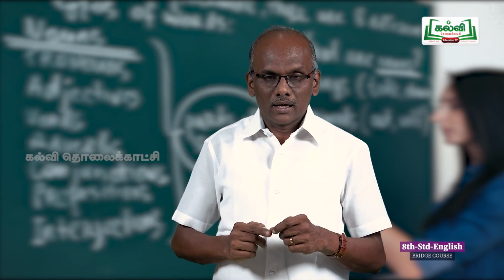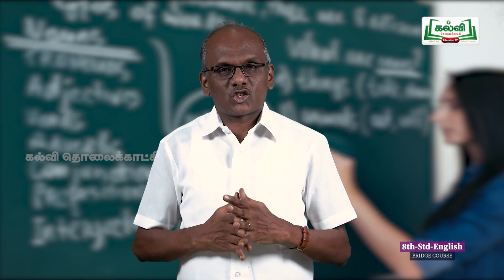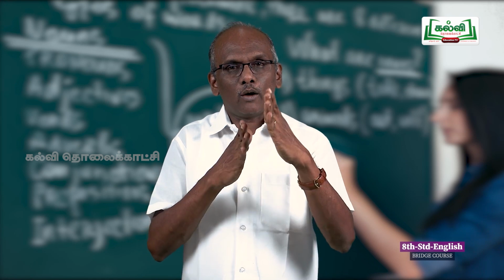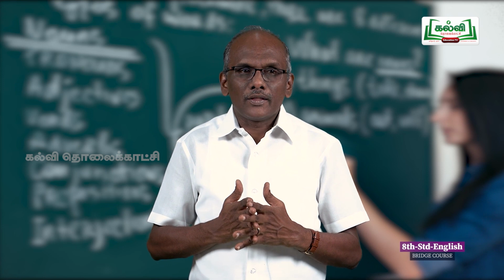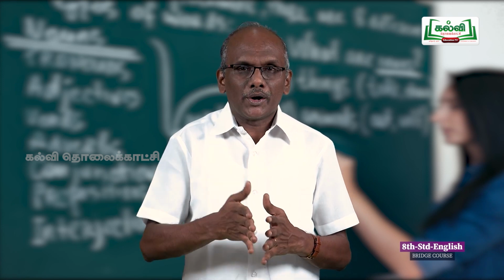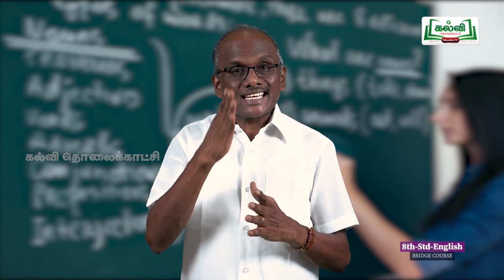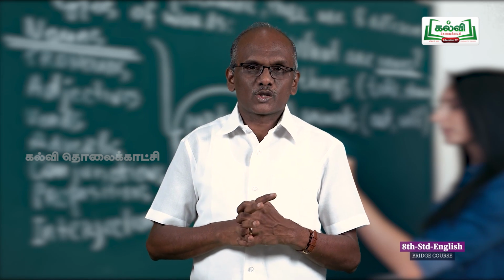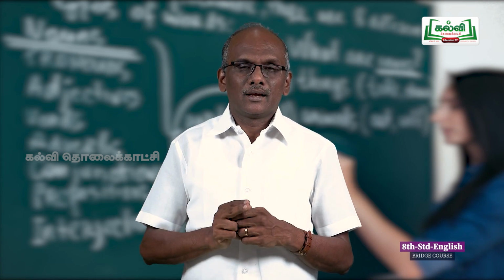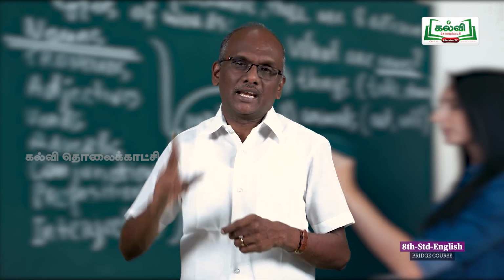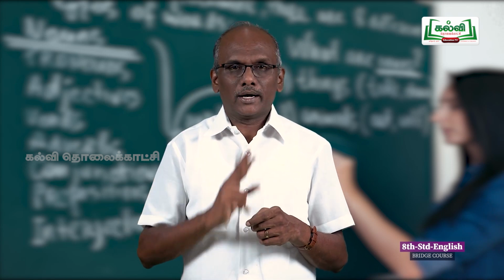Next one is, they won the match. What is the verb here? The verb is "won." It is past tense, so it can be divided by "did." So "did" plus "win," we get "won."